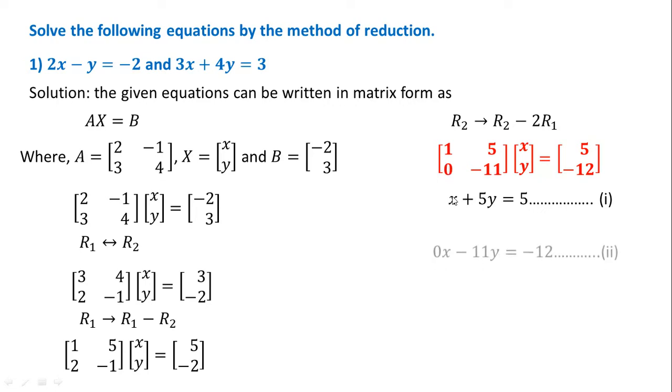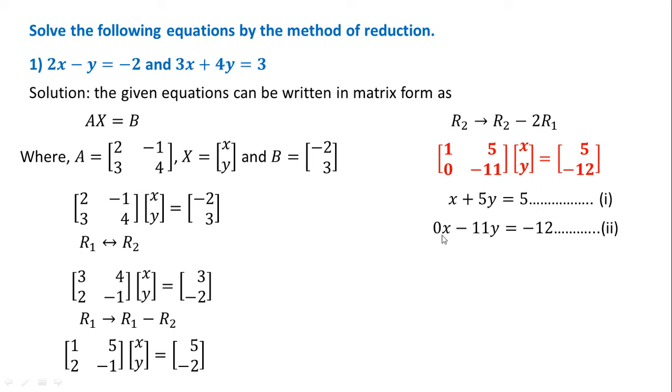The second equation comes from multiplying the second row into the first column: 0 into x, minus 11 into y is equal to minus 12. After reducing the matrix of coefficients into an upper triangular matrix and converting back to the system of linear equations, we get equation number 1 and equation number 2.